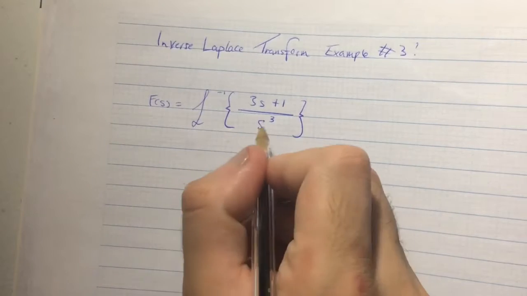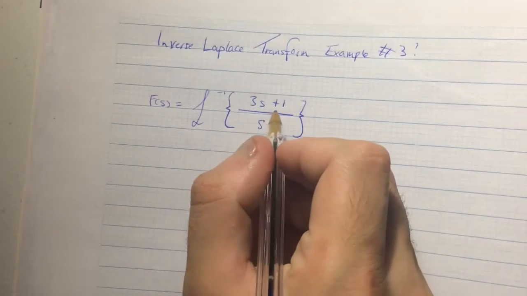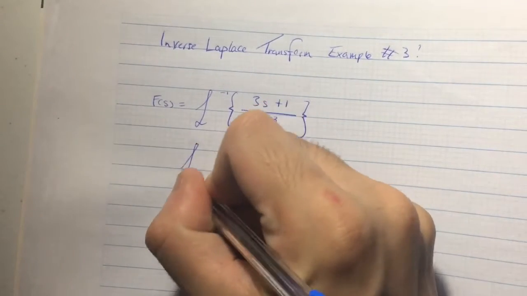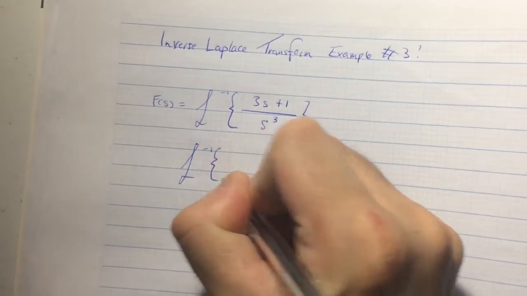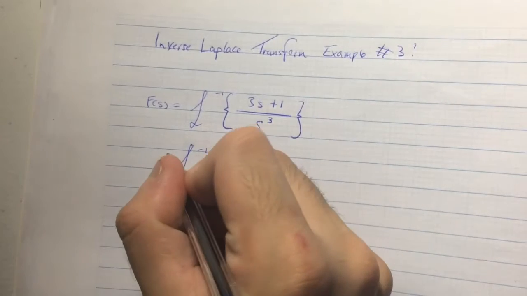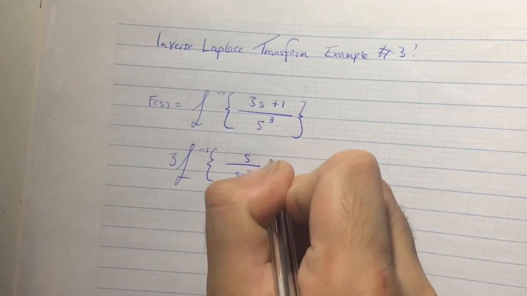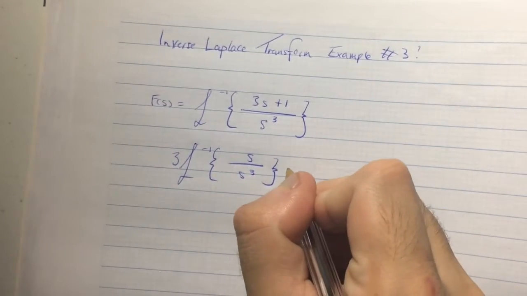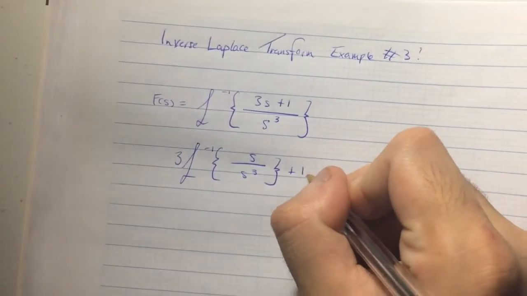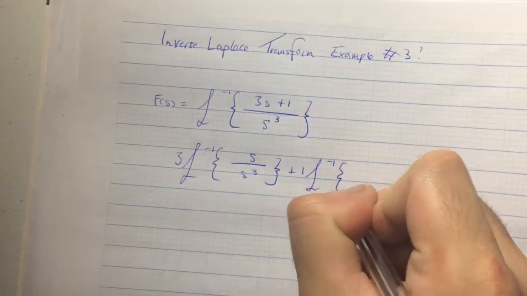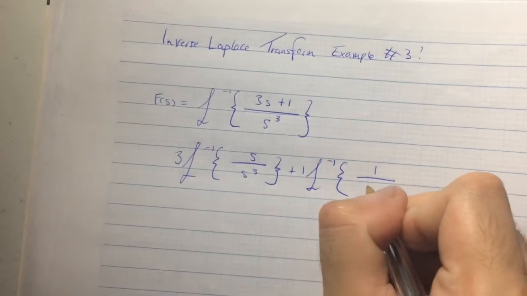So I'm going to take the inverse Laplace transform of (3s plus 1) over s cubed. I can rewrite this as the inverse Laplace transform of, well, I'm bringing the 3 out the front, 3 times s over s cubed, plus 1 multiplied by the inverse Laplace transform of 1 over s cubed.